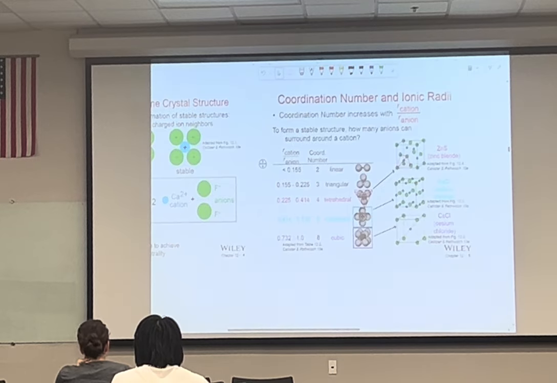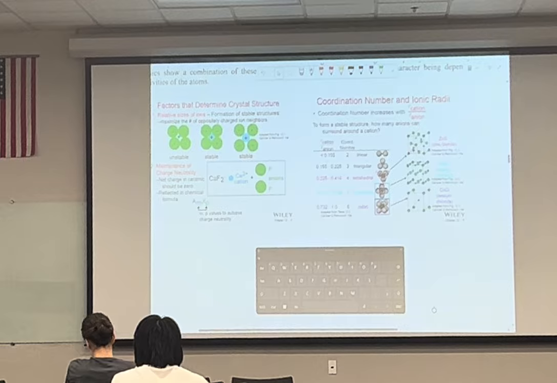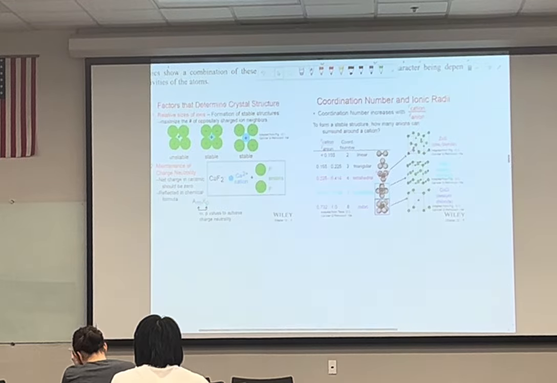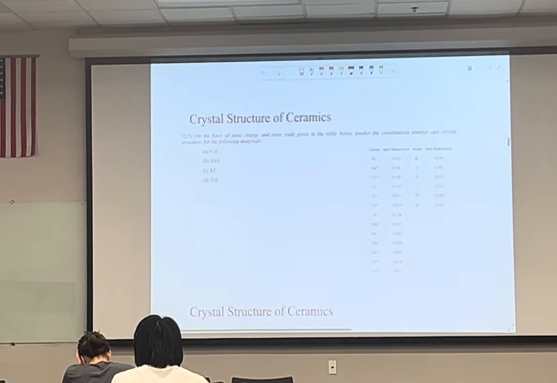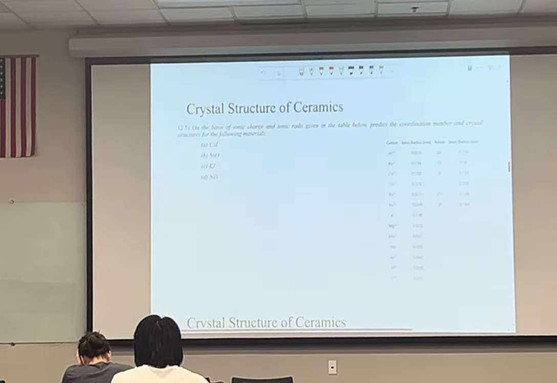Based on these things, let's move to the first question. On the basis of ionic charge and ionic radius given in the table below, predict the coordination number and crystal structure of the following materials.